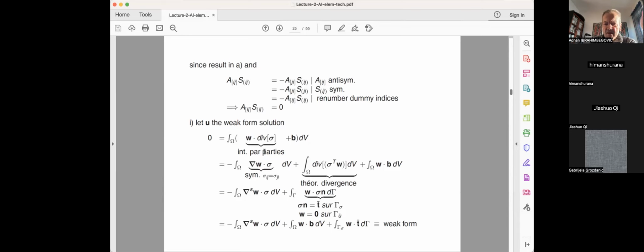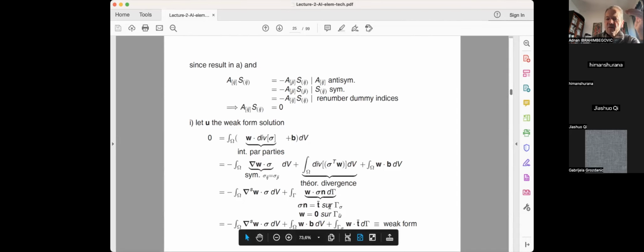I shift this derivative of sigma to W, so I recover the symmetric part, and in the process I recover this part here. Here I take the divergence theorem. I get my boundary condition, that is one part, or gamma, which is W0, so I cancel this, and the other one with the gamma sigma. This is called T bar, and at the end I recover precisely what I call the weak form.